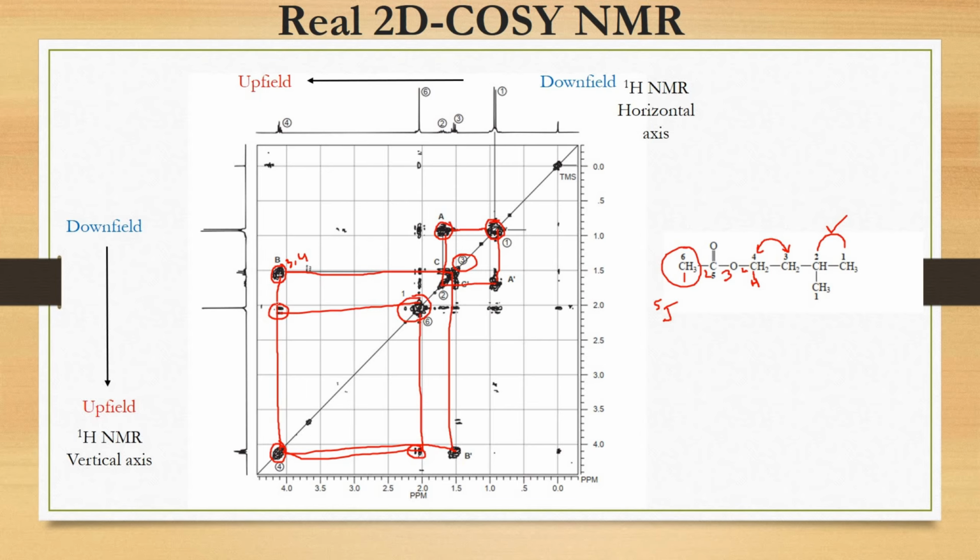Another reason for the weak interaction could be the spatial arrangement of the molecule also. So there are two reasons. One is long range coupling, which shows a weak interaction. Another is the orientation of the molecule in space. We know that the COSY interaction is not through space. So what does it mean?